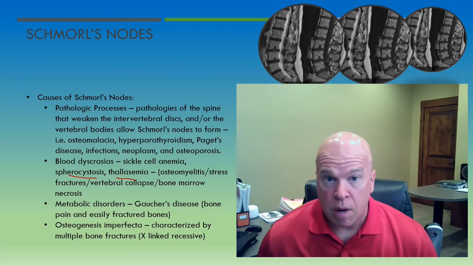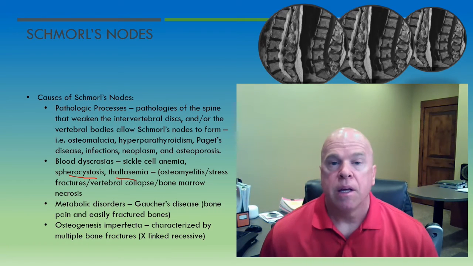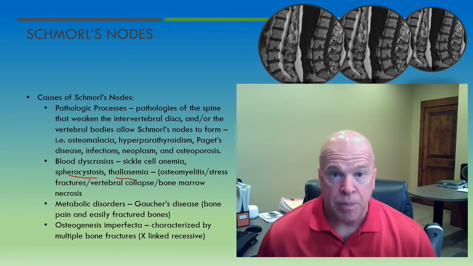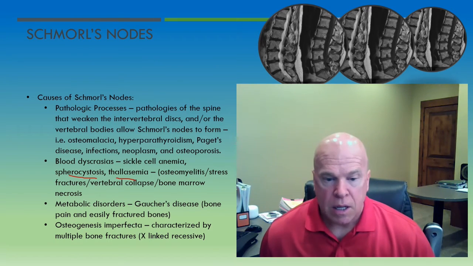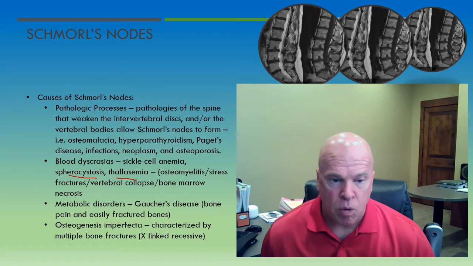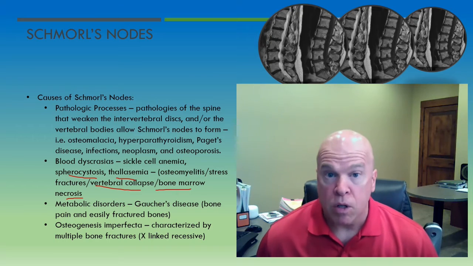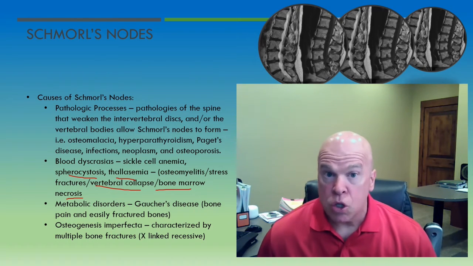Any disorder of the blood-forming hematopoietic system or process can weaken the interior of the vertebral body, can thin the trabeculae, can reduce the overall number of trabeculae within the interior of the vertebral body and weaken the vertebral body, leading to stress fractures, vertebral collapse, and death of the bone marrow. It's the bone marrow, which is the hematopoietic tissue.